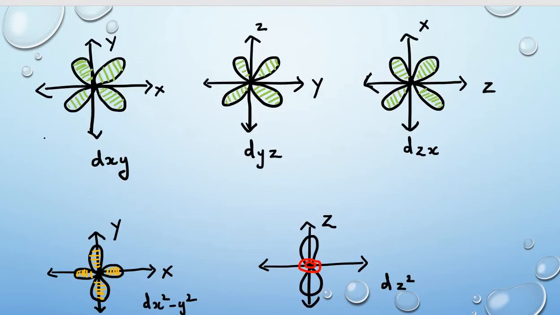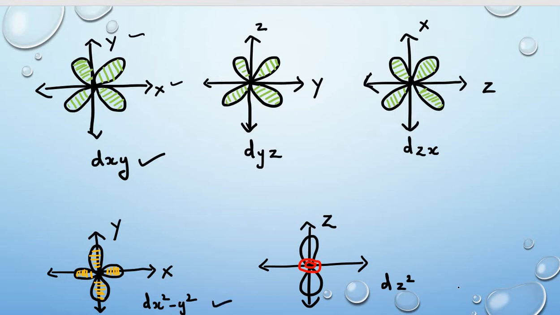Now again we can represent these orbitals as dxy, dyz, dzx, dx square y square and dz square. When we look at the dxy orbital, the lobes are lying between the x and the y axis. Similarly, in this case the lobes are lying in between the yz axes, and in this case in between the zx axes.